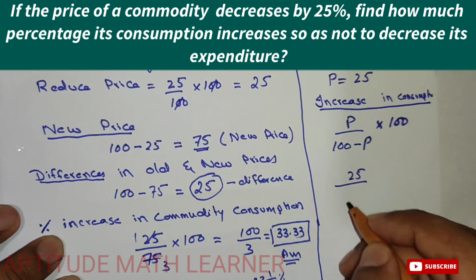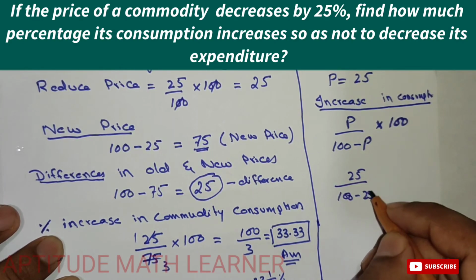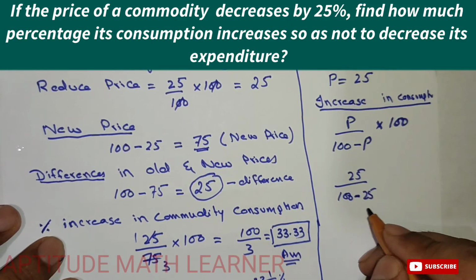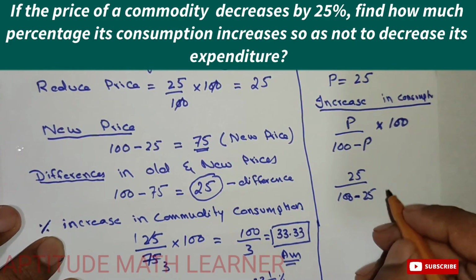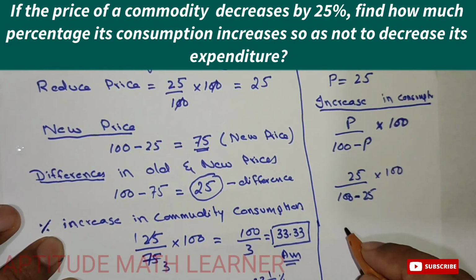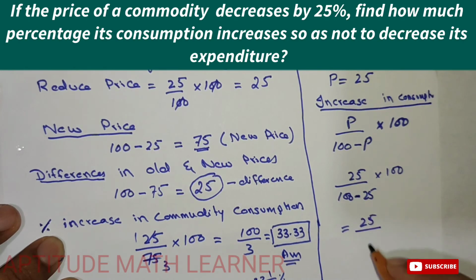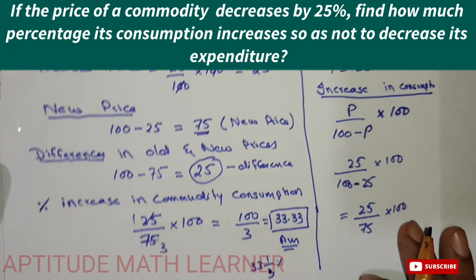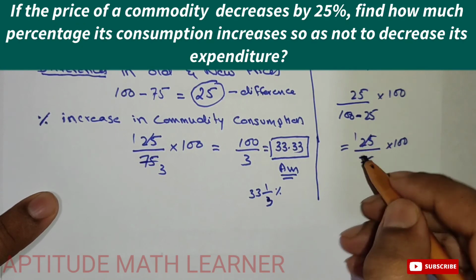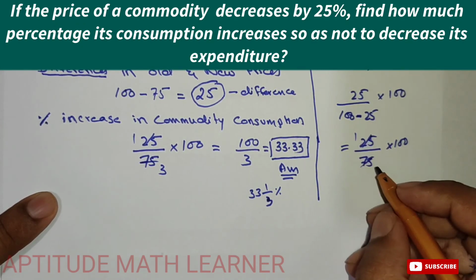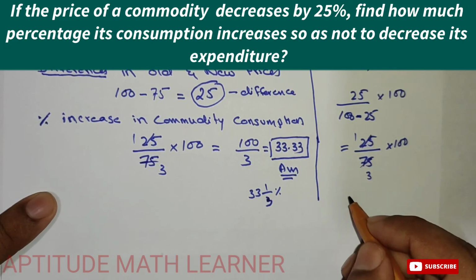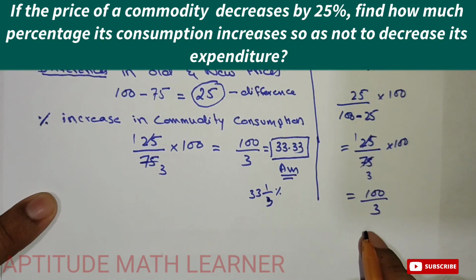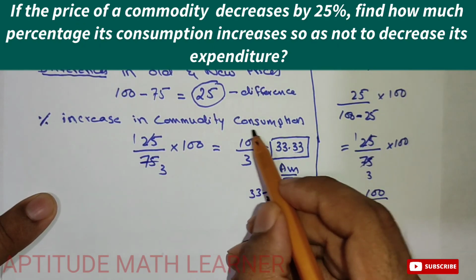So 25 upon 100 minus 25, multiplied by 100, and we get 25 divided by 75, multiplied by 100, and 100 represents the percentage. So this becomes 25 ones are 25 and 25 threes are 75, so here again we have got 100 divided by 3. This is the same thing we have found here.